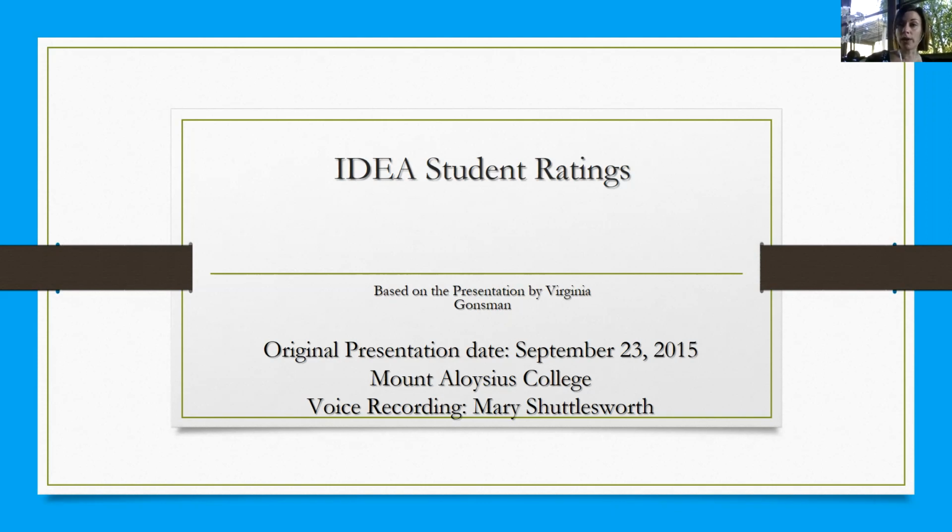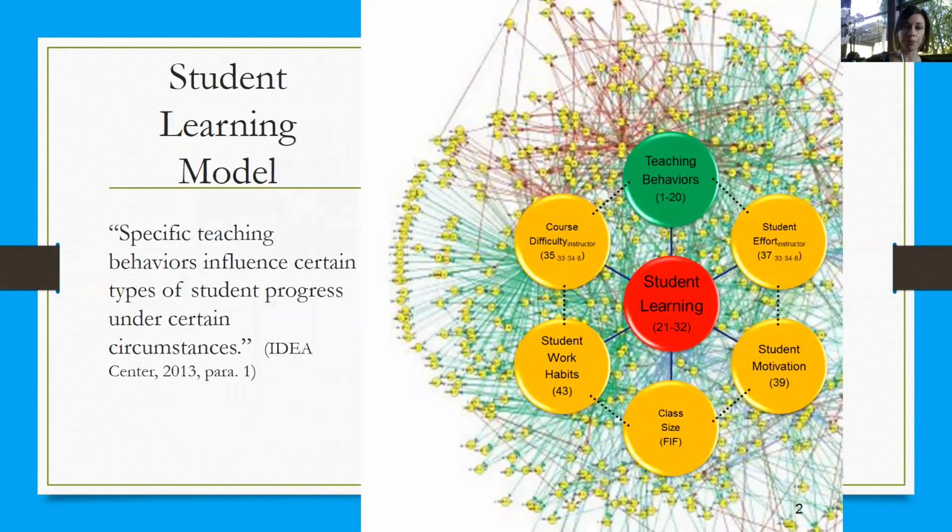Okay, so let's talk about where these ratings come from and how they're calculated. The IDEA model here is essentially based on the factors that are supposed to influence student learning. As you can see from this diagram, there are many different factors that the people who put the IDEA surveys together have found are instrumental in determining how well students actually learn within a course, how well they make progress on certain objectives under very specific circumstances.